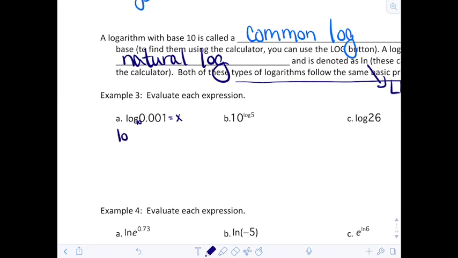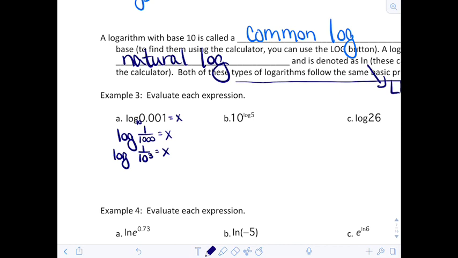We can write 0.001 as 1 over 1,000. And I know that 1,000 is 10 to the third, so this would be the same as 1 over 10 to the third.